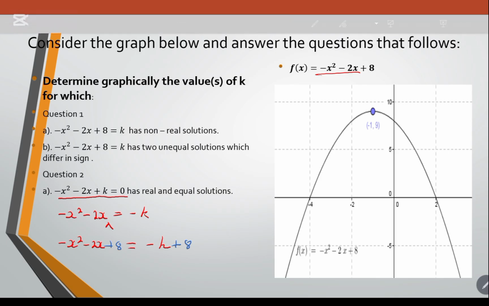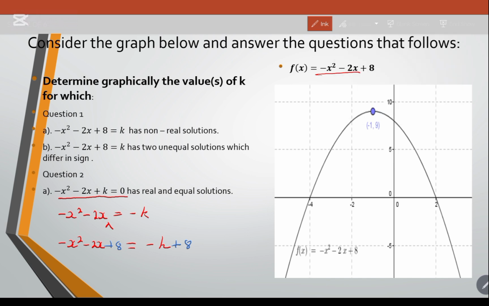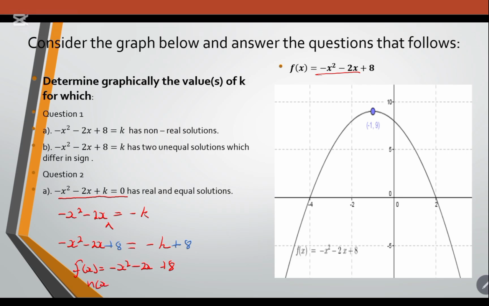Now, when you look at the expression on the left hand side, it is the expression that represents the equation of that graph. Therefore, we've got two functions. f of x is equal to negative x squared minus 2x plus 8, and the other graph is h of x is equal to negative k plus 8.